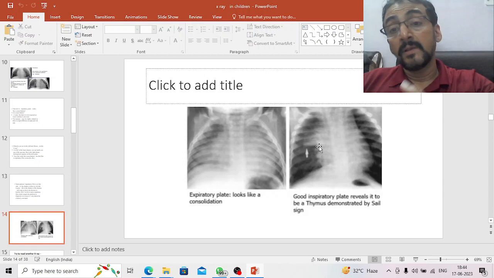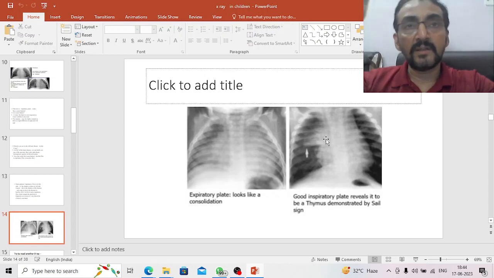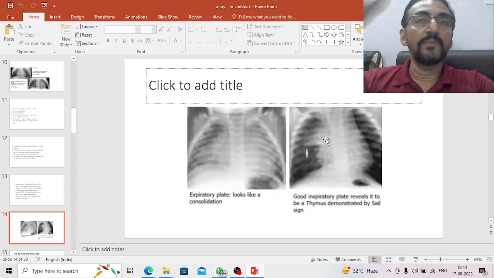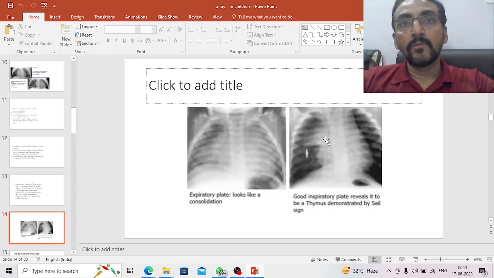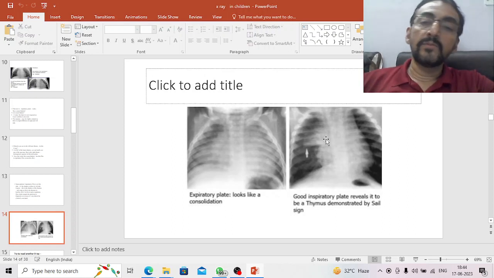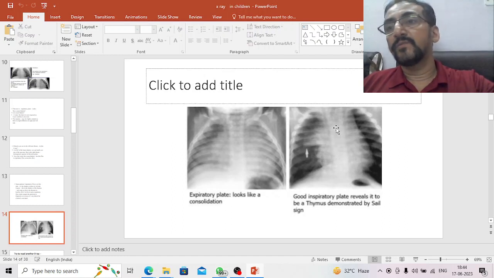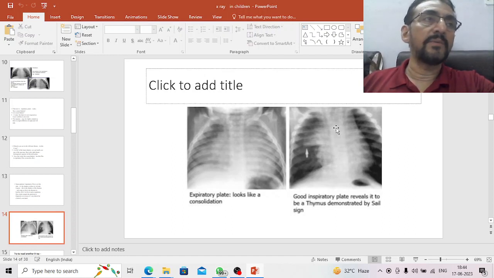Now this is also called the sail sign. Like the sails on boats that sail in the sea, which they put up on the boat, we call it a sail sign. So that suggests the presence of the thymus in newborn babies or in infants. The thymus is very active, so this particular thymus may give rise to this particular appearance. Now all such things will be easily understood when the exposure is good and the film has been taken in the inspiratory phase.